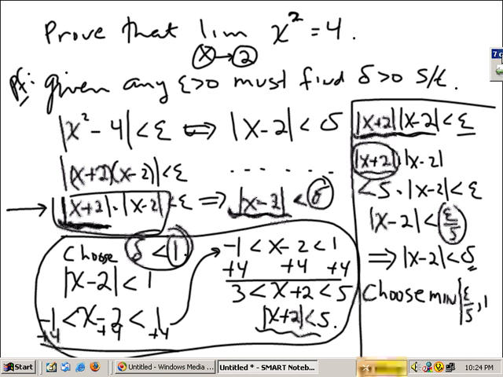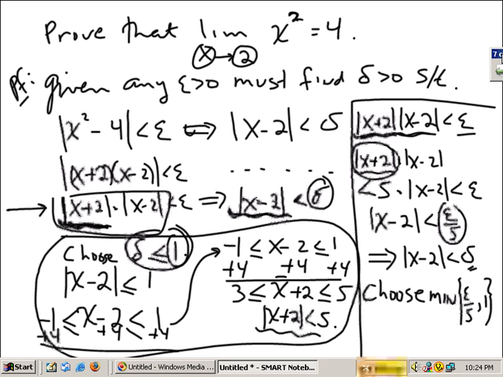That is, if epsilon over 5 is bigger than 1, I'm going to choose 1. Delta can be less than or equal to 1.